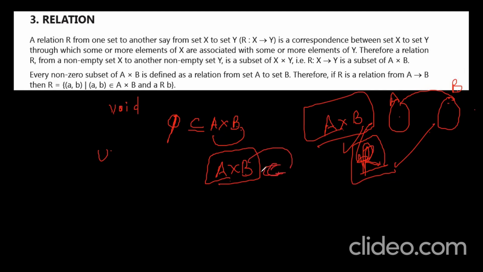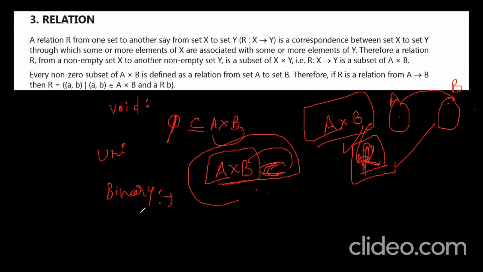Then I can say that it is the universal relation between A and B. And one more important point: these are the void relation, the universal relation, and the binary relation. These are the different concepts present under relation.